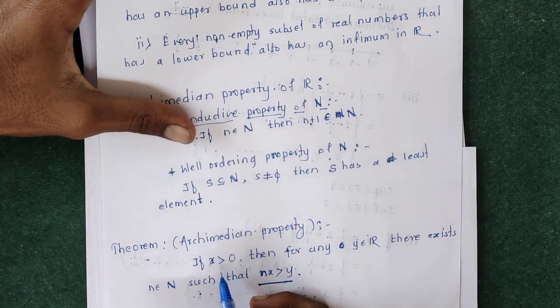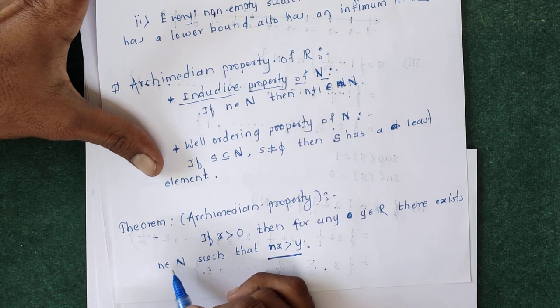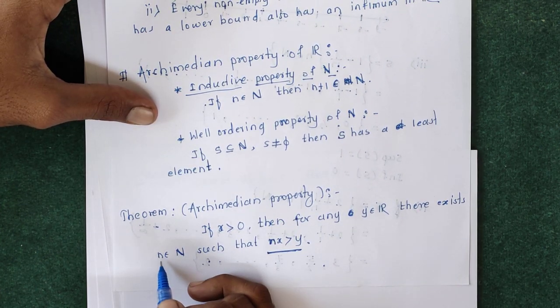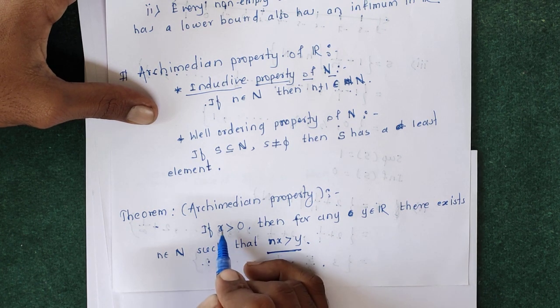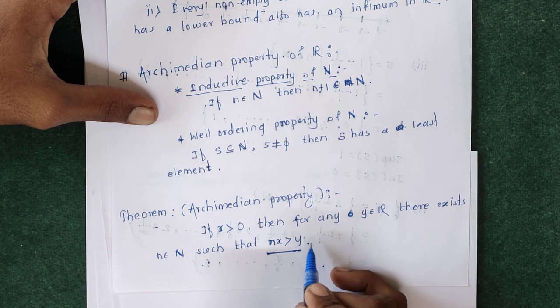x greater than 0, also n is a natural number. So x is a positive number, and a natural number is always positive, that is, n starts from 1, 2, 3, 4. So n is positive and x is positive, so their multiplication is positive, and y is less than or equal to 0.